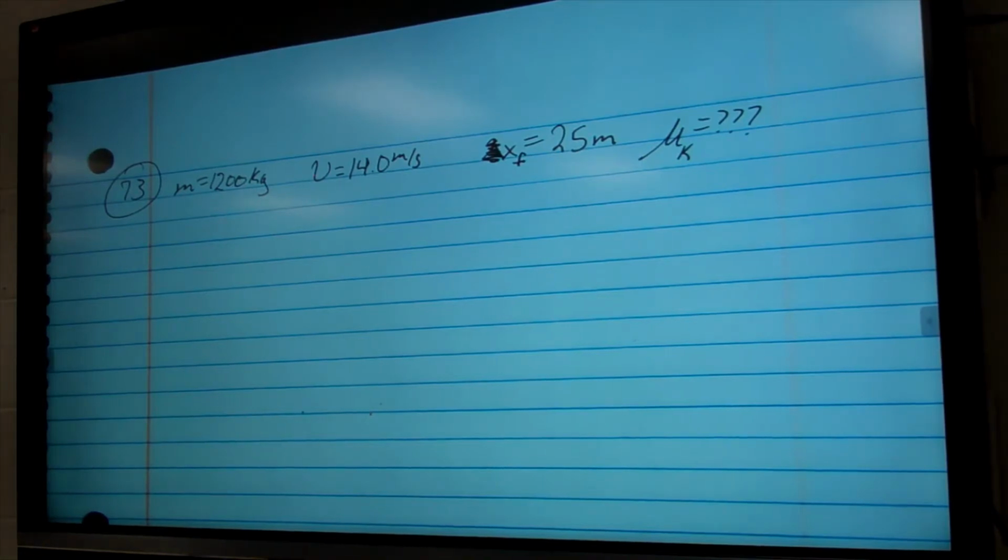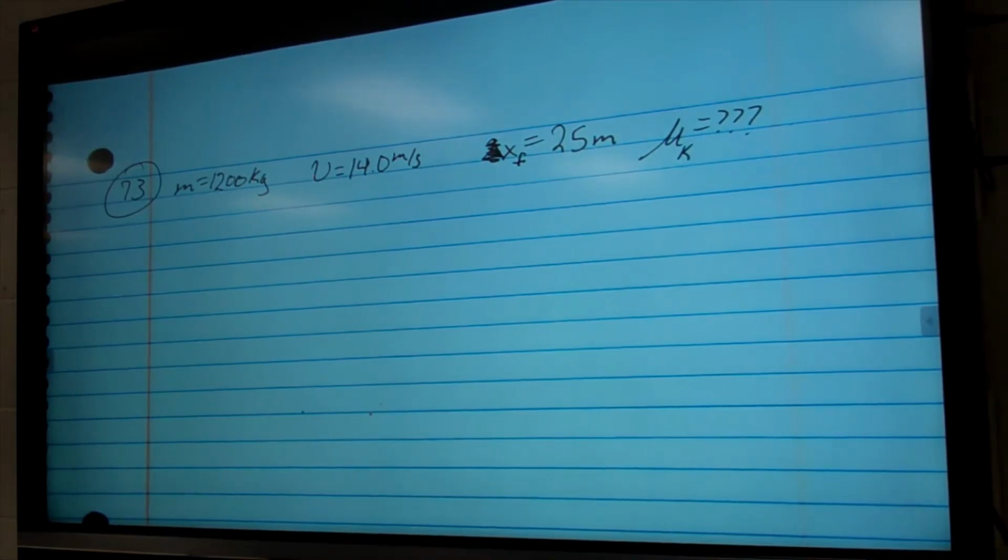Mass, we have X final, we have velocity, that velocity initial. What are these related to in terms of physics? Motion. So we have motion stuff, but we're trying to find force stuff. How do we relate motion and forces? Mass, through acceleration. Mass and acceleration. Beautiful job.